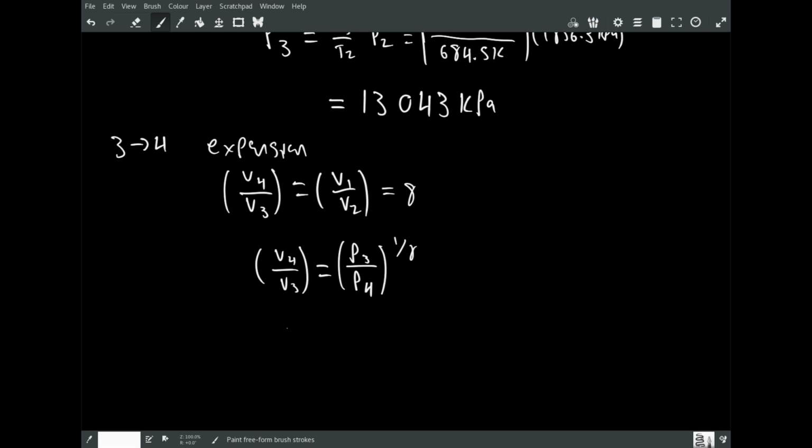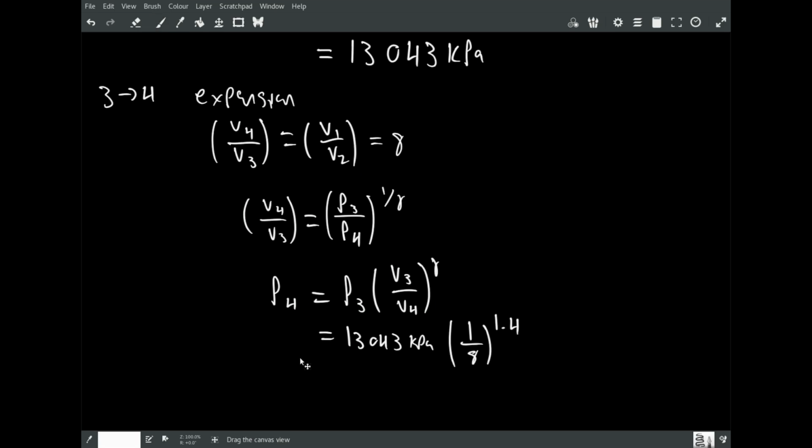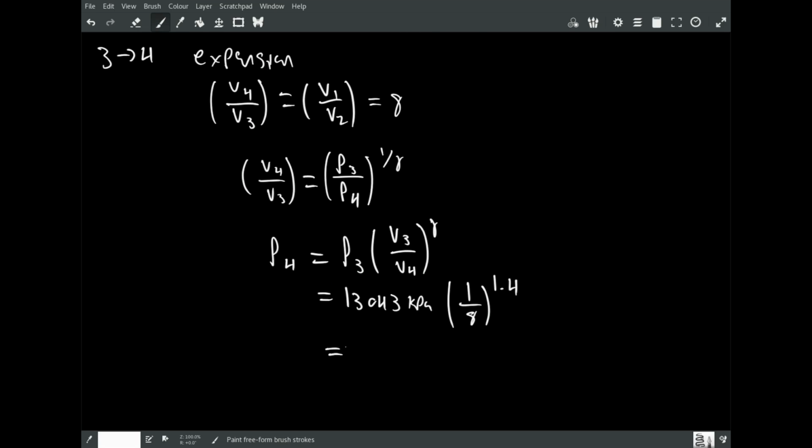So we'll basically be able to say that P4 equals P3 times V3 over V4 to the gamma. And in other words, V3 over V4 is going to be 1/8, and our pressure at 4 is 709.66 kilopascals.